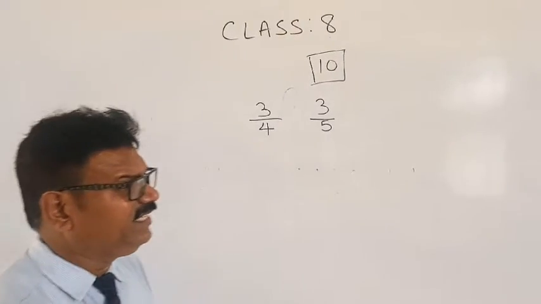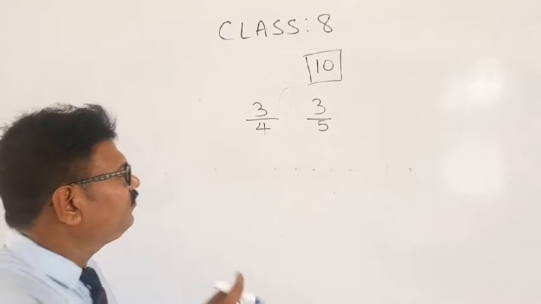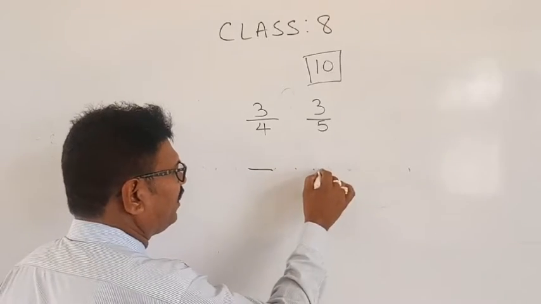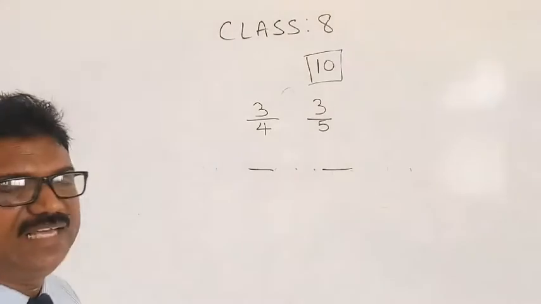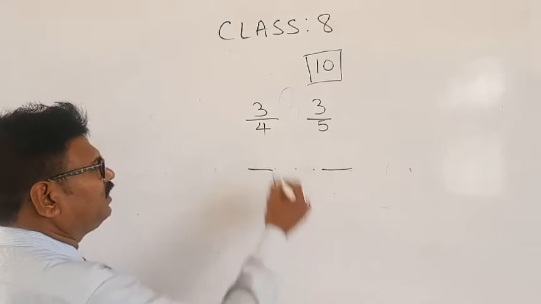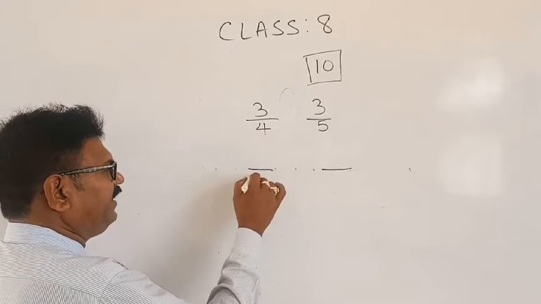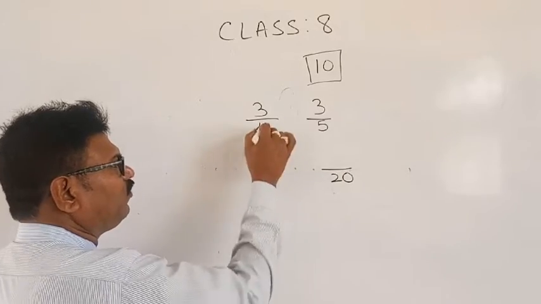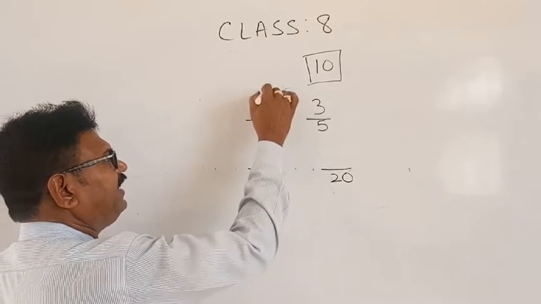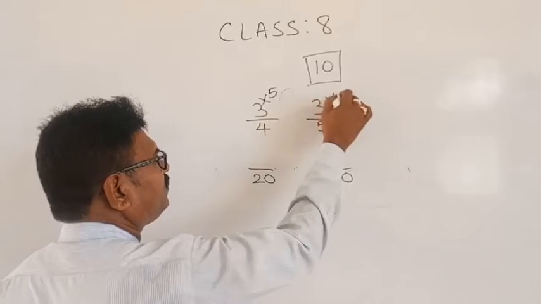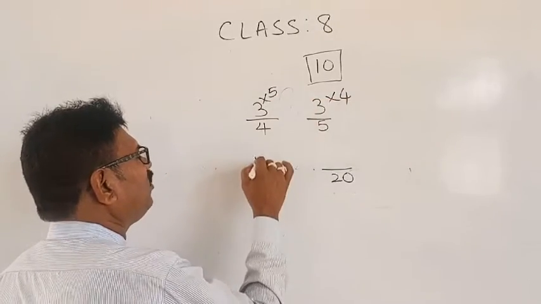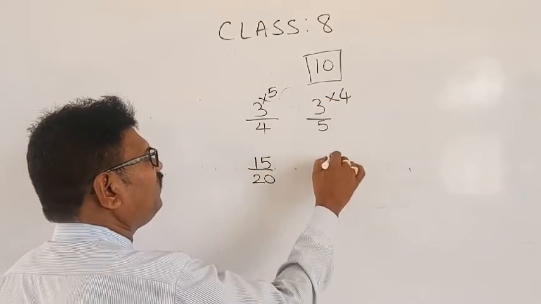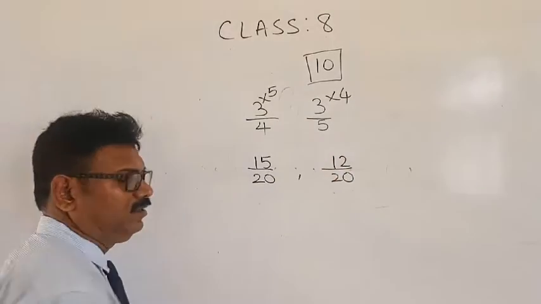It is very easy. First, as I told, find the LCM. 4 and 5 means 20. Here also 20. 4 how many times? 5 times. 5 how many times? 4 times. 5 threes are 15, 3 fours are 12.